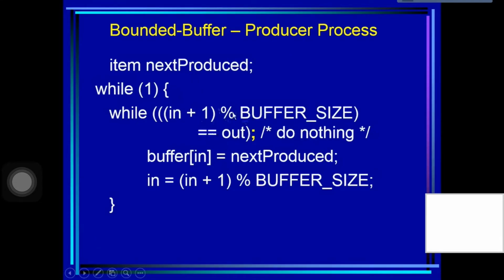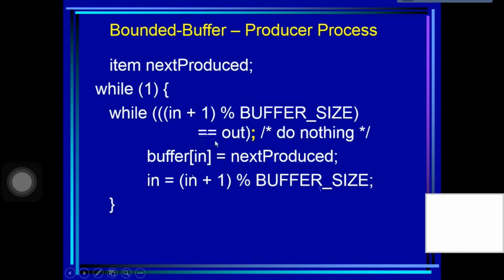So when this condition isn't satisfied, that means there is a position for the producer to put an item.